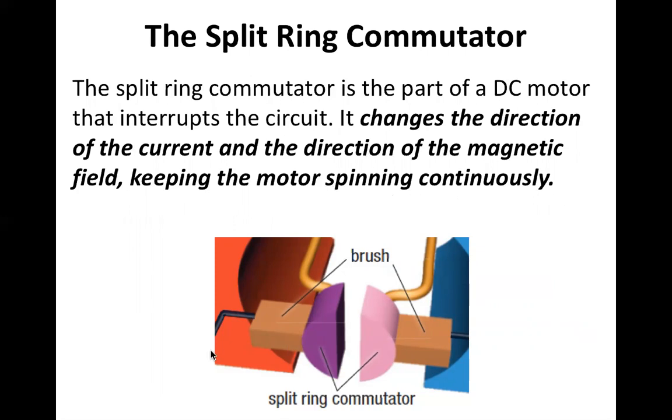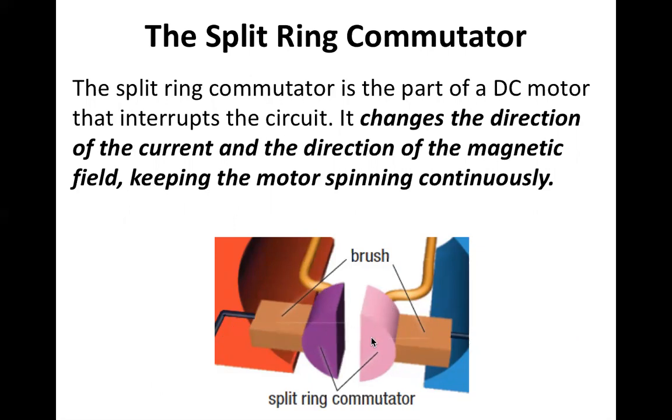So at one point, the current flows out of the positive terminal of the battery into the purple side and over here. But as soon as this rotates around, we actually want to switch that. So the gap is going to line up this way, and then once this rotates around, the pink side is going to connect with the brushes, and the current is going to go through the pink side.